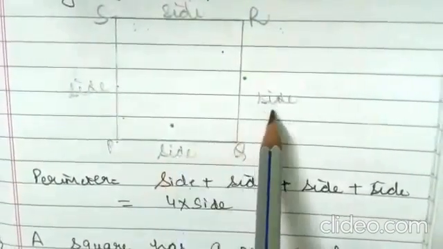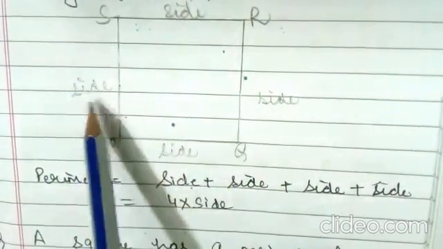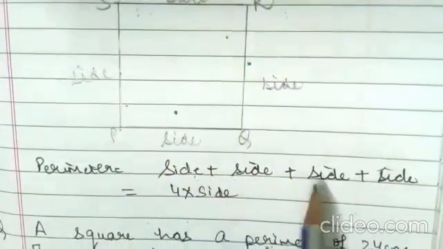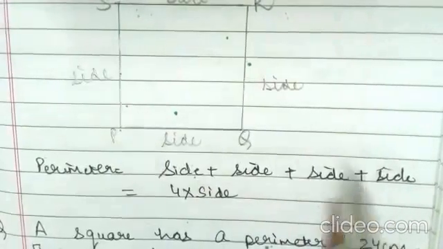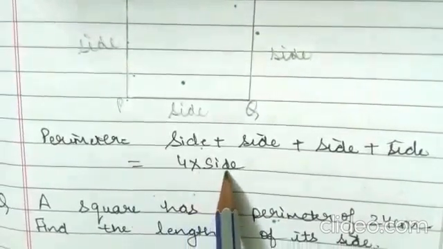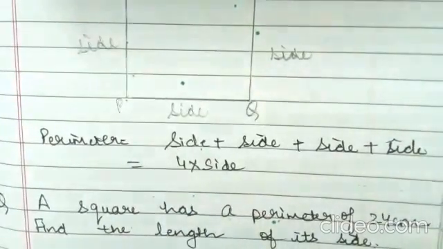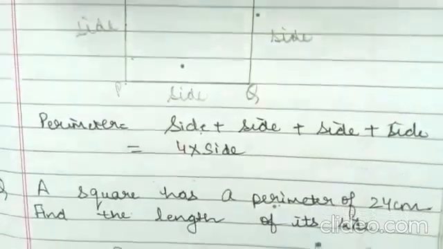Side plus side plus side plus side, because we know that perimeter is the sum of length of all sides. So how many times am I adding the side? 4 times. So what can I write? 4 multiply side. So the formula for the perimeter of a square is 4 multiply side.